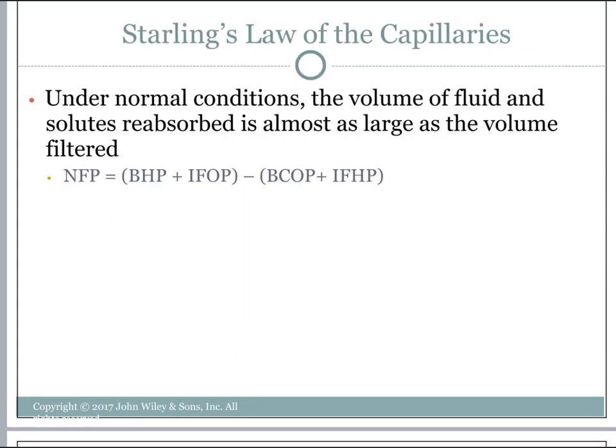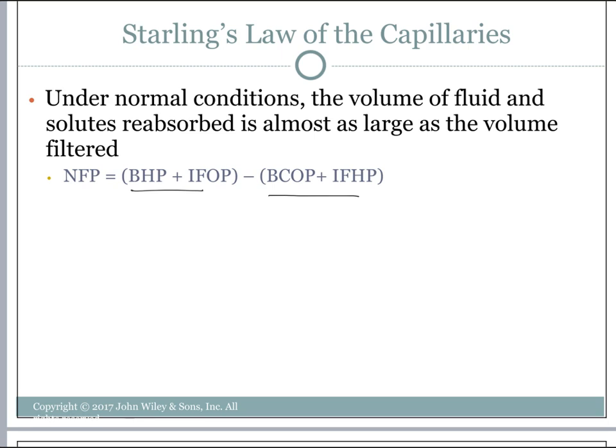Starling's law of the capillary. So kind of summating everything we've talked about, remember that Starling's law of these capillaries basically states that the movement of fluid between the capillaries and the interstitial fluid is due to the net effect of our four pressures: BHP, blood hydrostatic pressure; IFOP, interstitial fluid osmotic pressure; BCOP, blood colloidal osmotic pressure; and IFHP, interstitial fluid hydrostatic pressure.